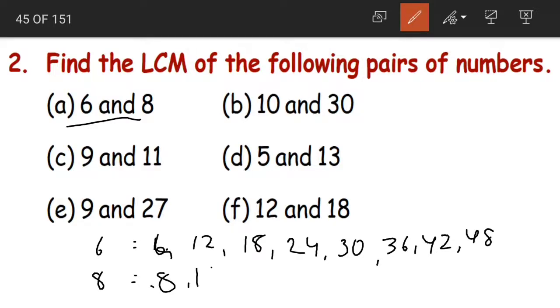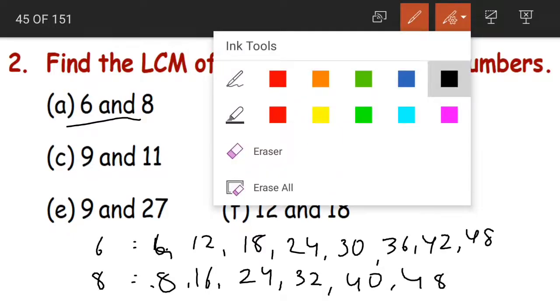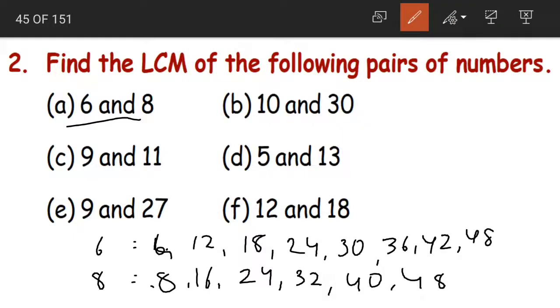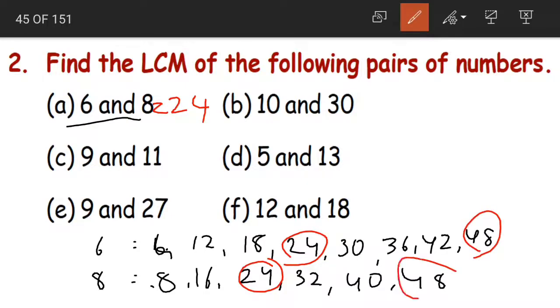Here we have 8, 16, 24, 32, 40, 48. So, if you look at here, the least common multiple is what, children? It is our 24. 24 is the LCM of 6 and 8. The first two common multiples are 24 and 48, and the least one is 24.